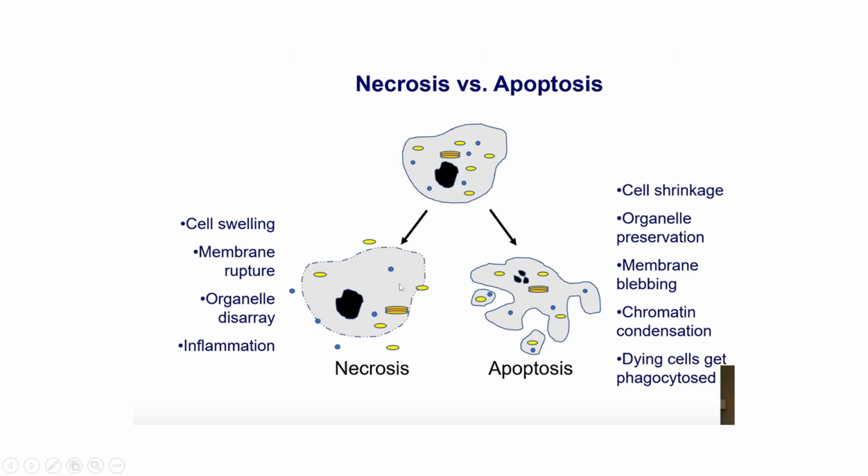So then there are two different processes of cell death. One is necrosis and another is apoptosis, and both of them differ from each other. Okay, so in necrosis, there is cell swelling, membrane rupture, organelle disarray, and inflammation. In necrosis, generally you find the inflammation process when the cells are infected by certain virus or bacteria.